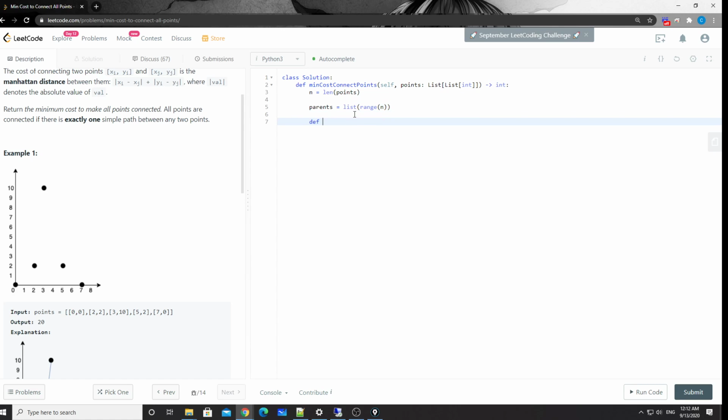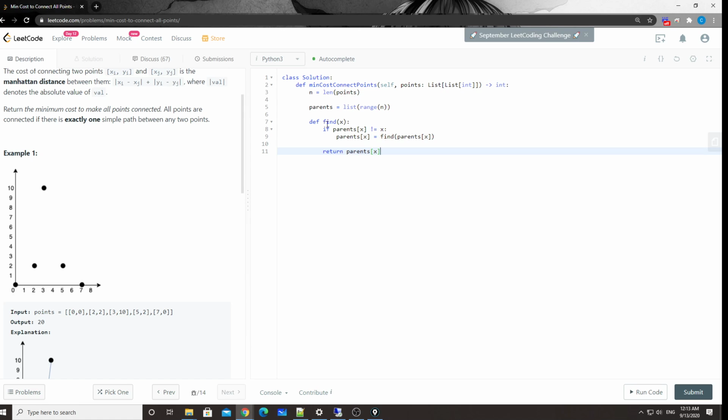And then we have a find, and with the find we use path compression. If parent[x] is not equal to x, then we set parent[x] equal to find(parent[x]), and in the end we simply return the parent.